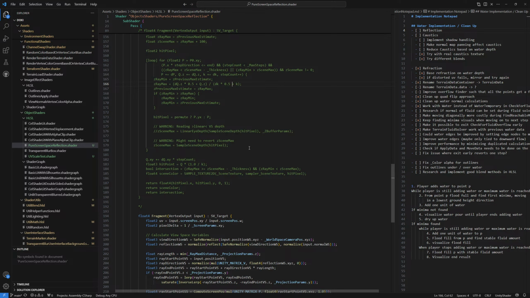We could also introduce scene normals. And if we hit something that would bring us towards the camera again, we can register it and output it. But yeah.